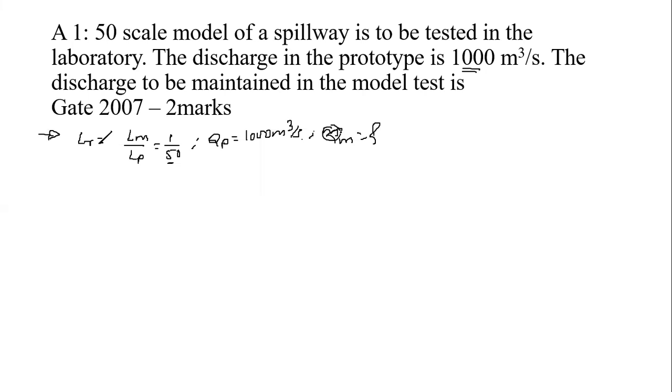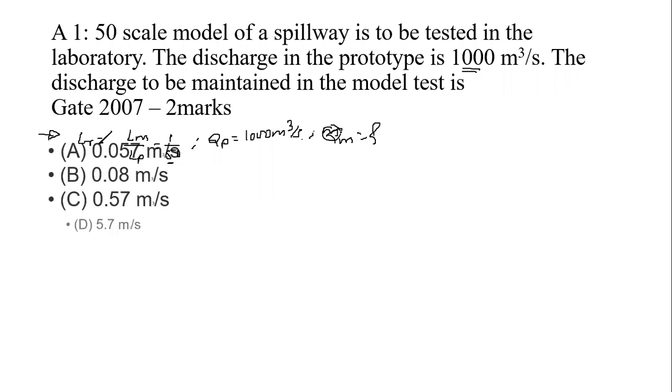And this same question was asked in 2018 also. In 2007 they had given options: 0.57, 0.08, 0.57 and 5.7. Okay, it doesn't matter. We'll go for the solution part and see which option is correct for this case. Option A is correct.